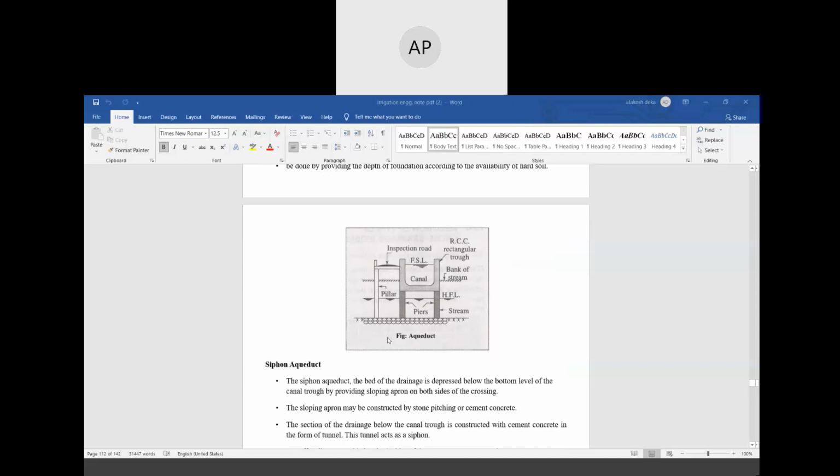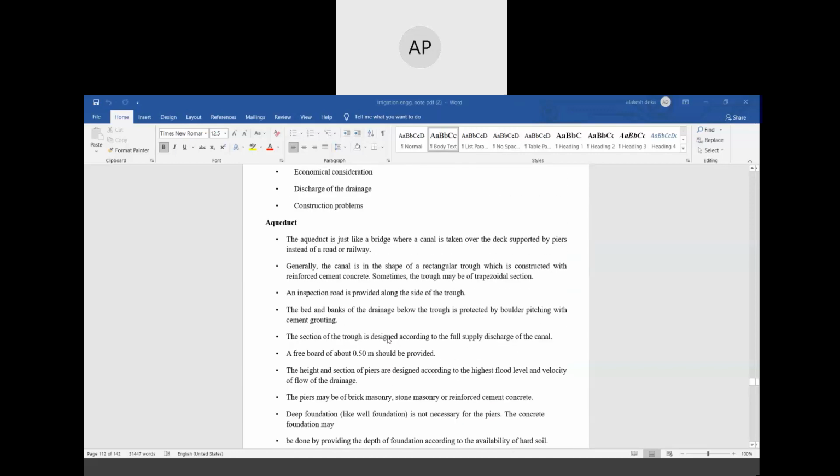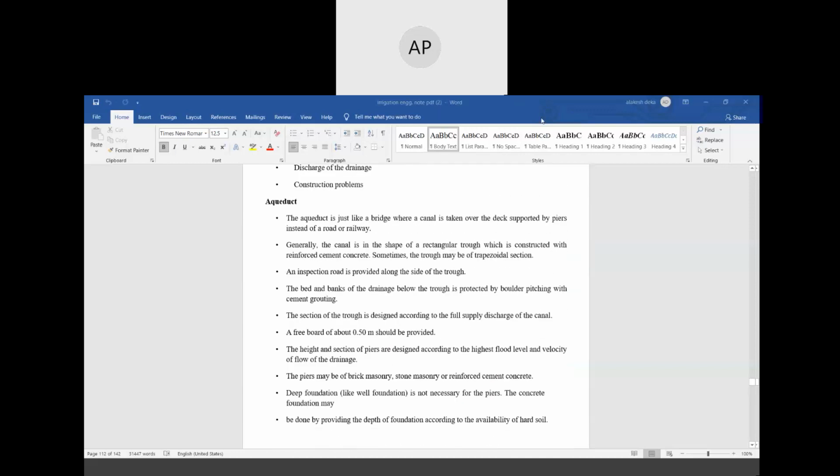And what is an aqueduct? An aqueduct is like a bridge where a canal is taken over a deck supported by piers, instead of a road or railway. Let me show some aqueducts.